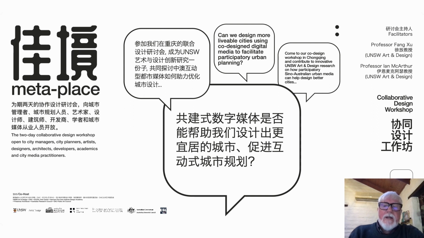Now, this project, MetaPlace, is a collaborative project involving creative industry, academic and government partners from China and Australia, and it uses the city of Chongqing as a case study.